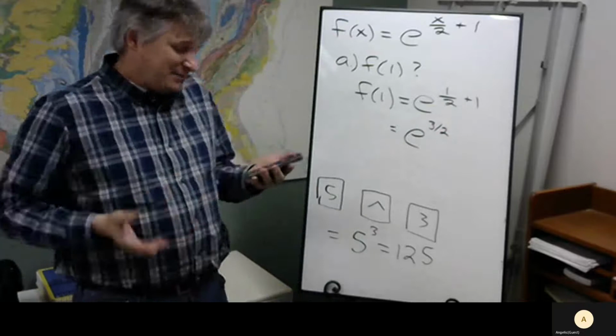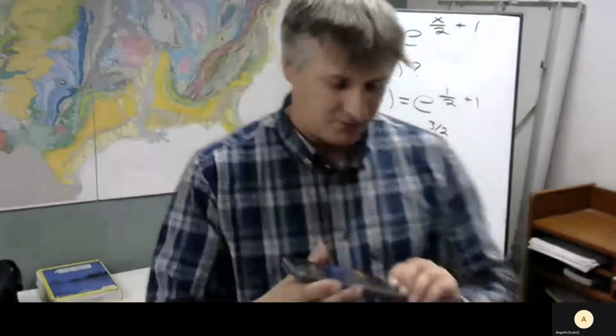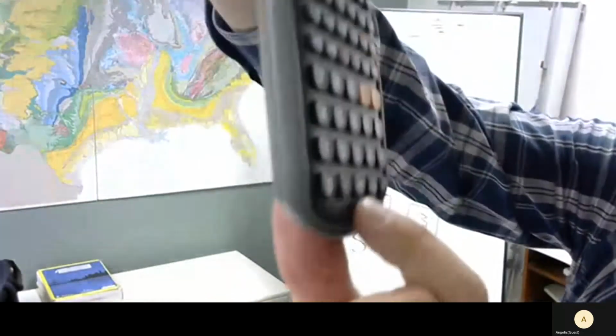So E hides at different places depending on your calculator. On mine, take a look here, see if you can see it. This times 10 to the X button, you can see a pi symbol in gold and a little E symbol in red.